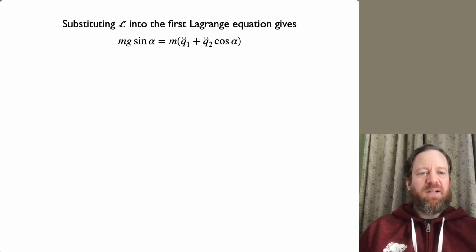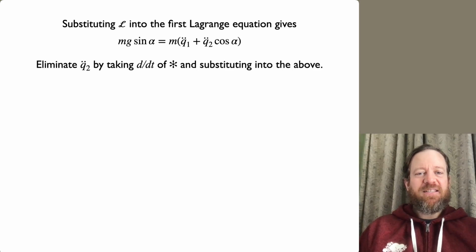Now, really what we want here is an equation of motion just for Q1 double dot. So what we will do is eliminate Q2 double dot using that equation star. The way we will do that is take d by dt of that equation star and then substitute it into the equation we have at the top.